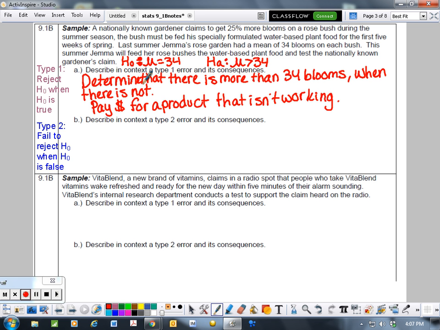So Type 2 error would be to fail to reject. So fail to reject our H0, which means determine that H0 is true. So determine that there is still 34 blooms on average, when really there is more.